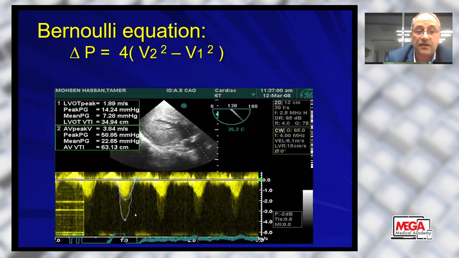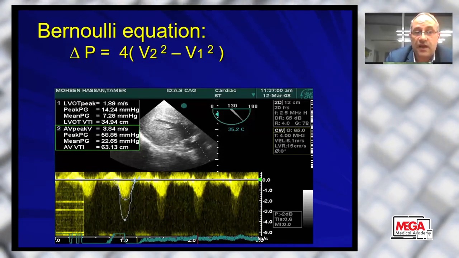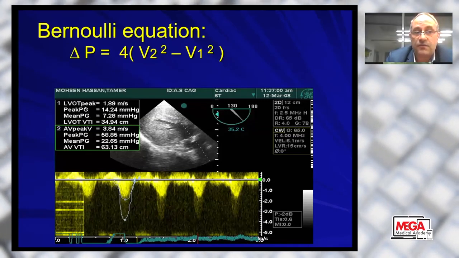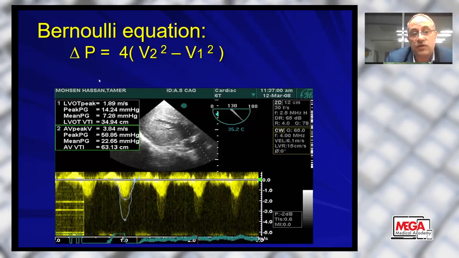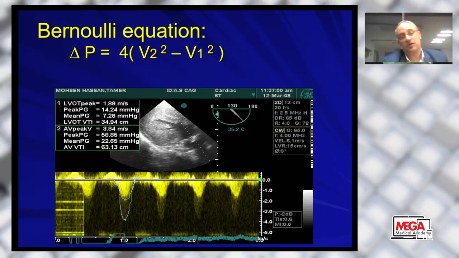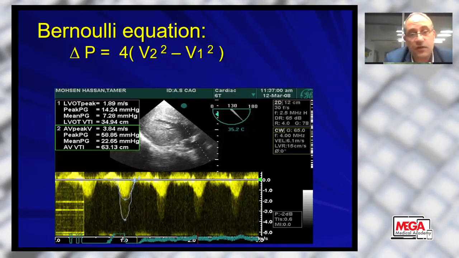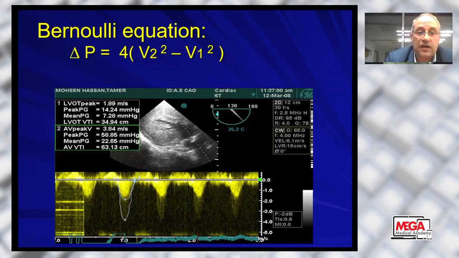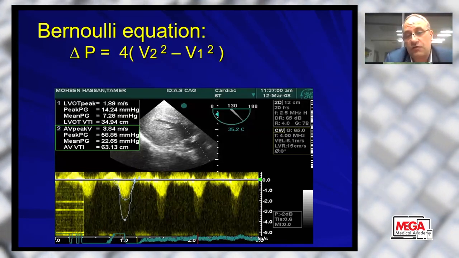At the peak here, we can have the peak velocity. Then by using this Bernoulli equation, I can change peak velocity into peak pressure, or pressure gradient, regarding that V1 is equal to 0. So the Bernoulli equation can give us the pressure gradient across orifices in the heart.